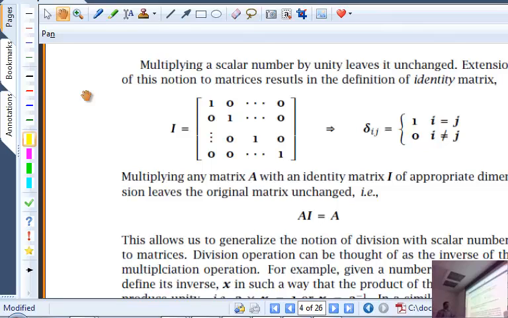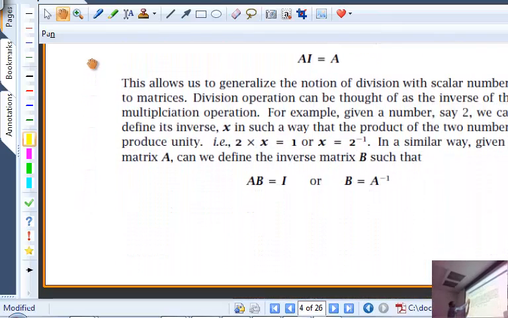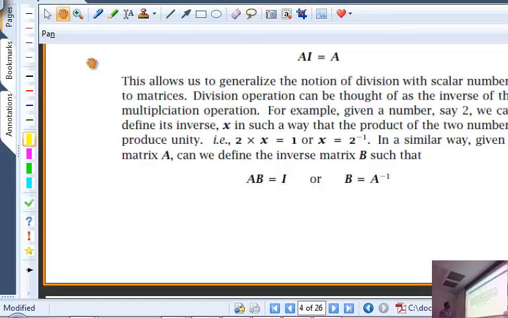And so you will see how that can be used to invert. So if I have a product A times B equal to I, then B is the inverse of A. Okay, so it introduces the notion of what an inverse is.